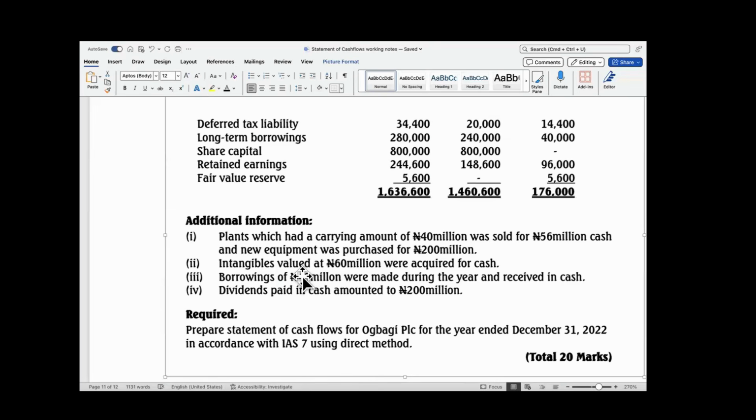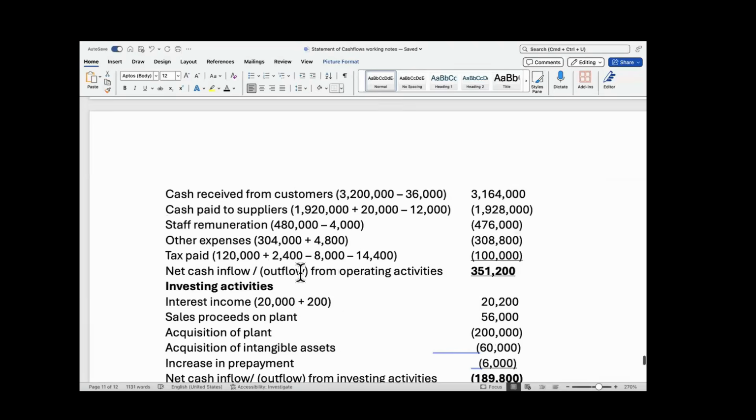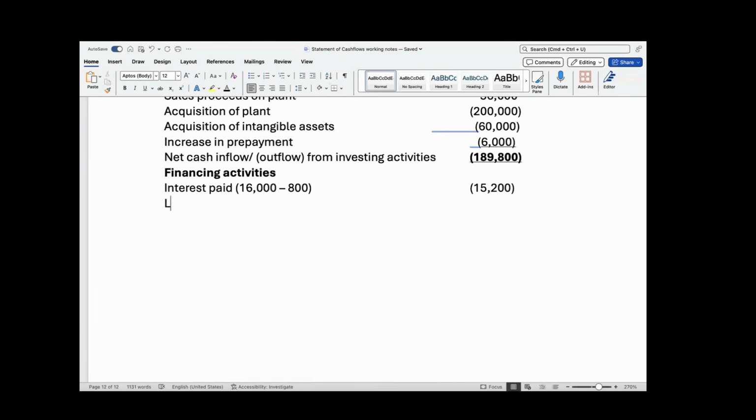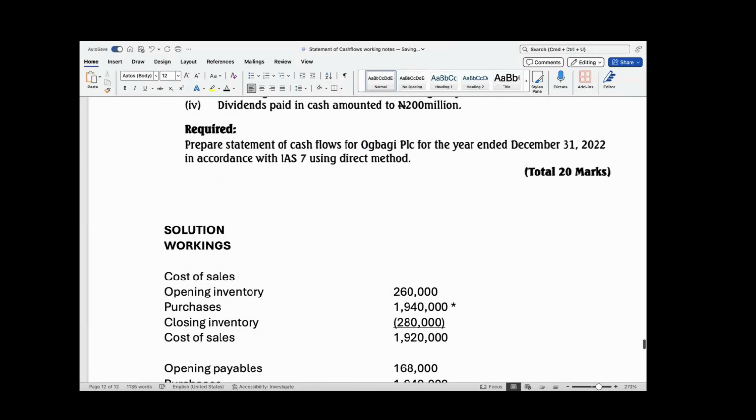They told me in note 3 that there was a long-term borrowing that I received during the year. So I will have my long-term borrowings of 40 million. I received it.